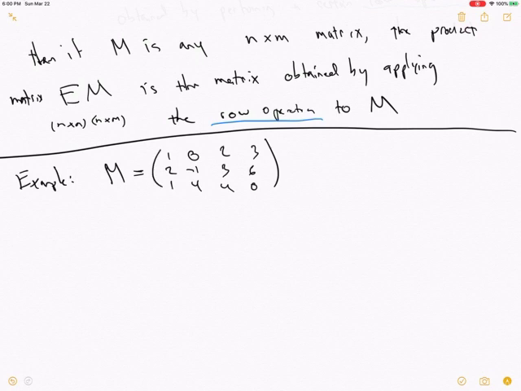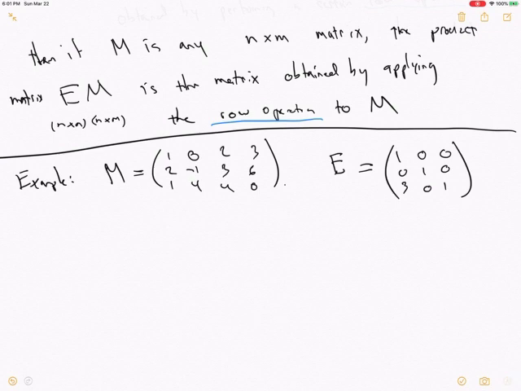So this is the matrix M. This is obviously not an elementary matrix. And let's consider the elementary matrix E, the matrix, say, 1, 0, 0, 0, 1, 0, 3, 0, 1.